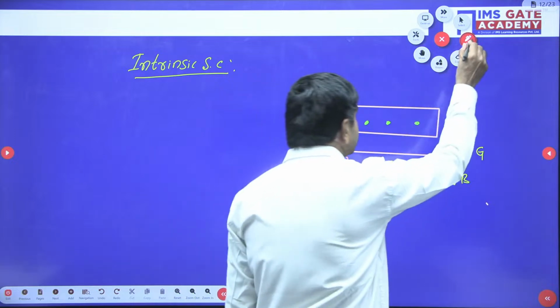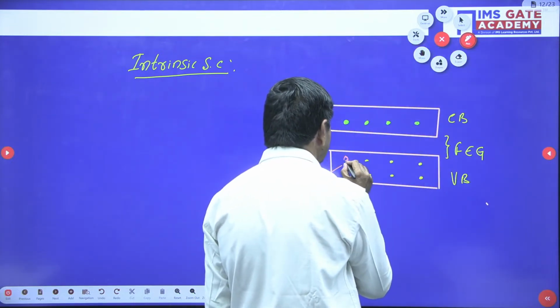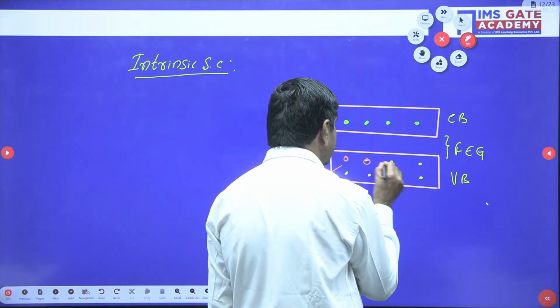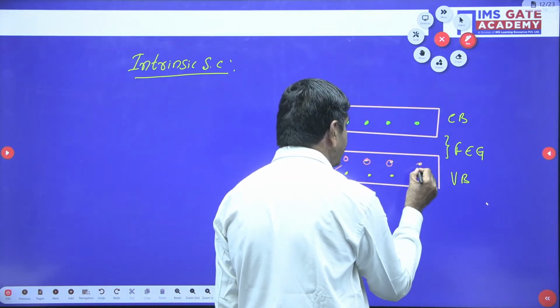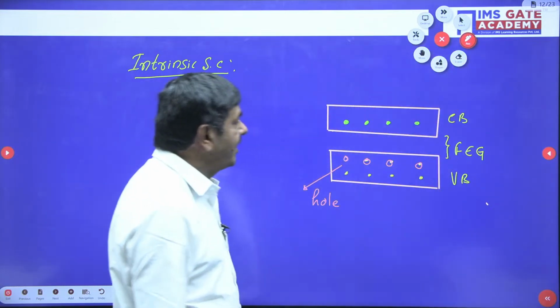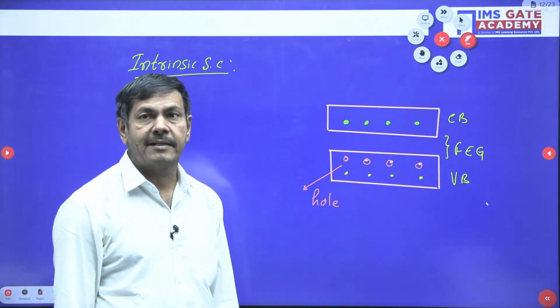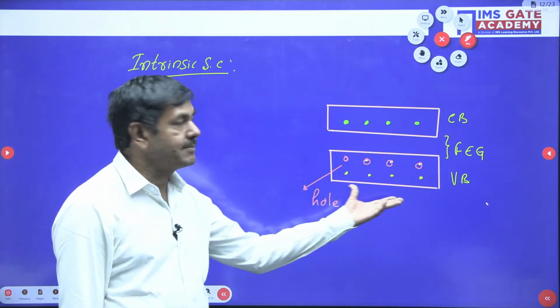How many vacancies are created? 4 vacancies are created here. However many electrons move from the valence band to the conduction band, that many holes will be created in the valence band only.